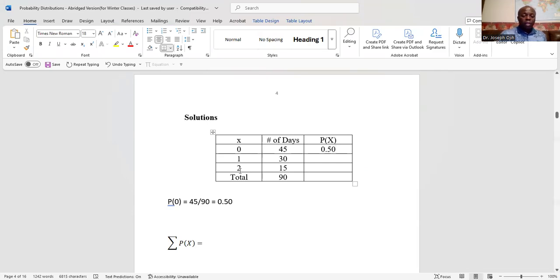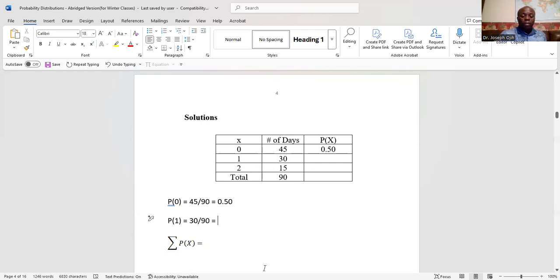We'll do the same thing for P(1), the probability for 1. P(1) will be equal to 30. For 1, the number of days is 30, meaning that in 30 days they rented only one saw. So 30 over 90.